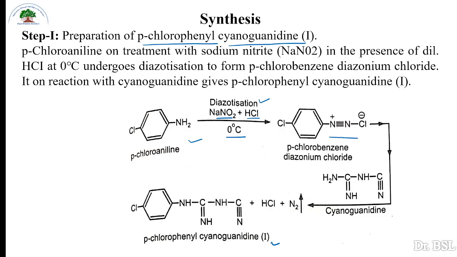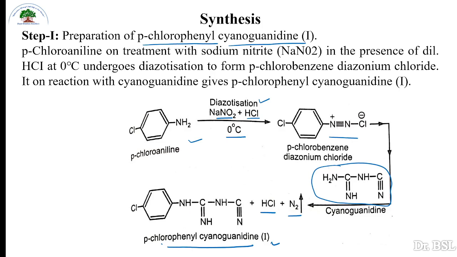This parachlorobenzene diazonium chloride further reacts with cyanoguanidine. This is the structure of cyanoguanidine, and we get parachlorophenyl cyanoguanidine with HCl and nitrogen gas.